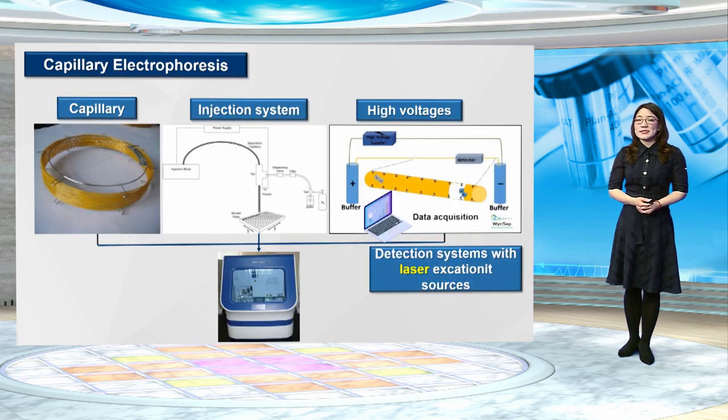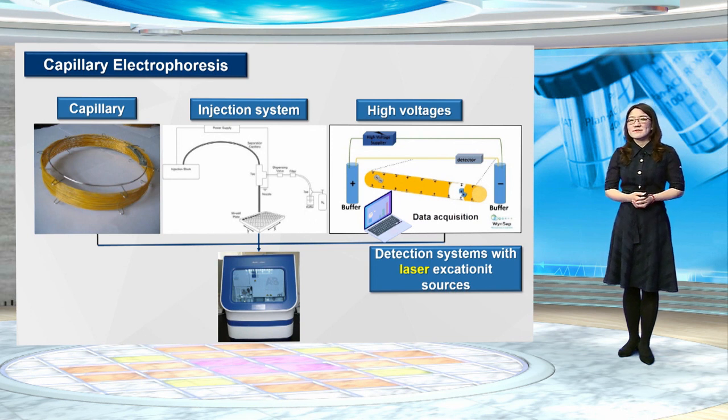Capillary electrophoresis is a newer method. Separation in capillaries is performed at high voltage. One essential component is the capillary. This is a thin hollow tube made of fused silica with a translucent detection window to detect the signal from the labeled DNA fragment.